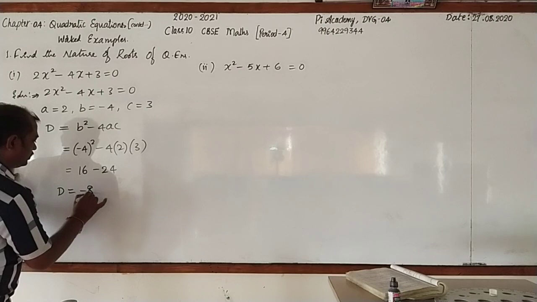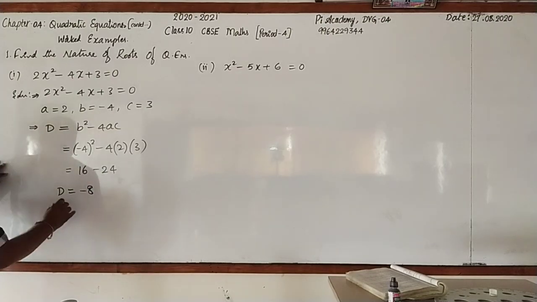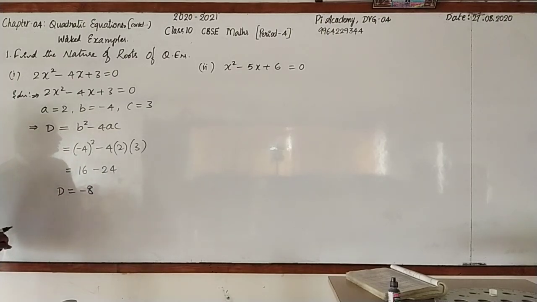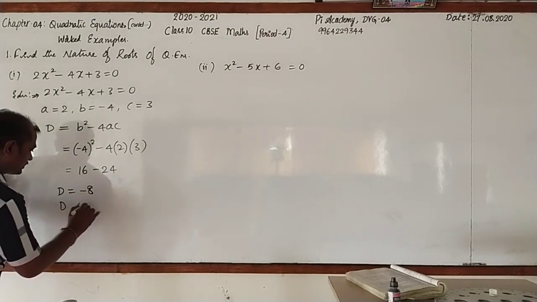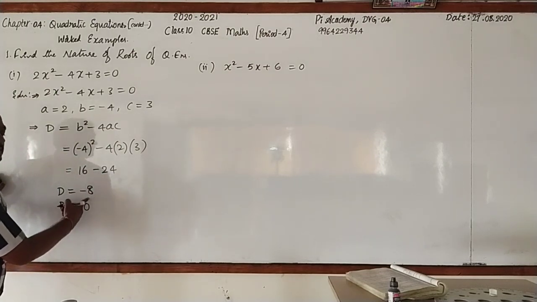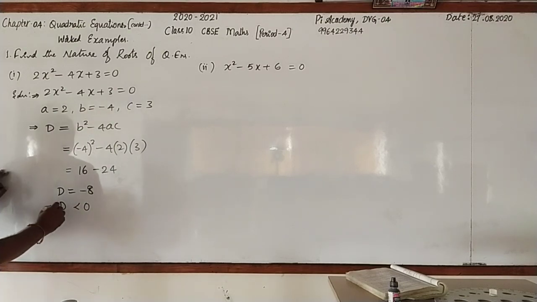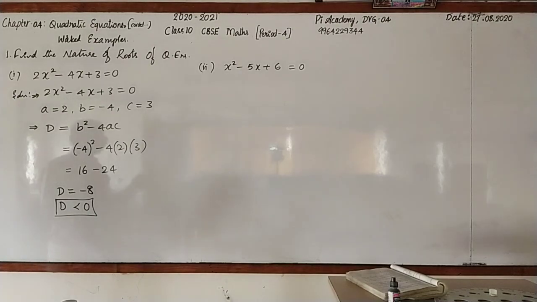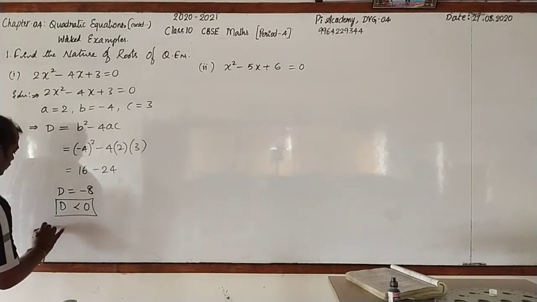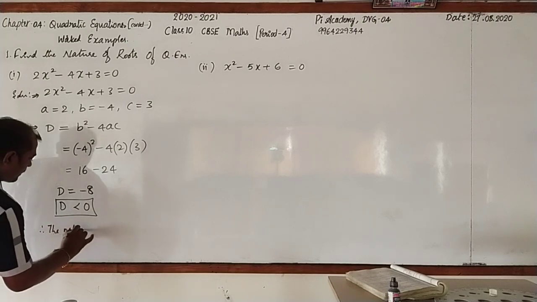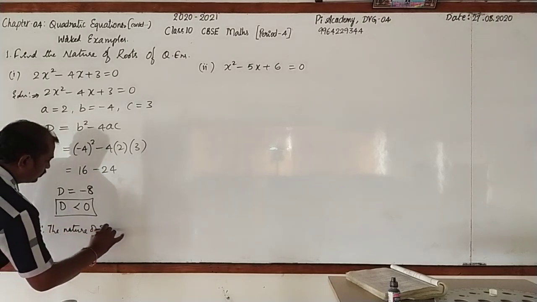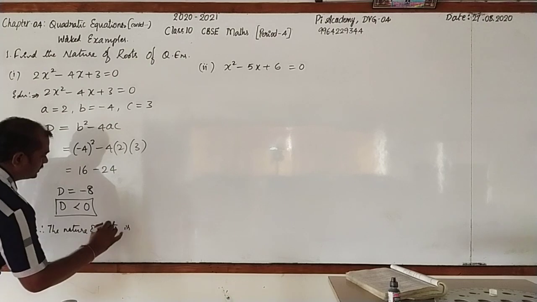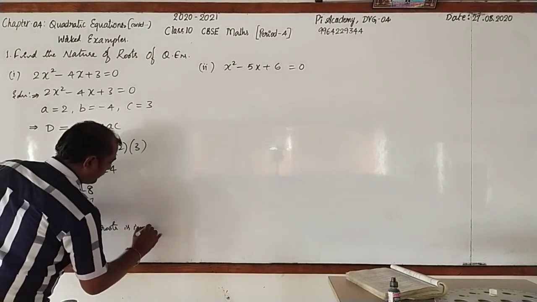D is equal to minus 8. Is it equal to 0? No. Is it greater than 0? No. Then what is it? It is less than 0, because this is negative. If D is less than 0, then what will be the nature of the roots? Roots will be imaginary. Therefore, the nature of roots is imaginary.